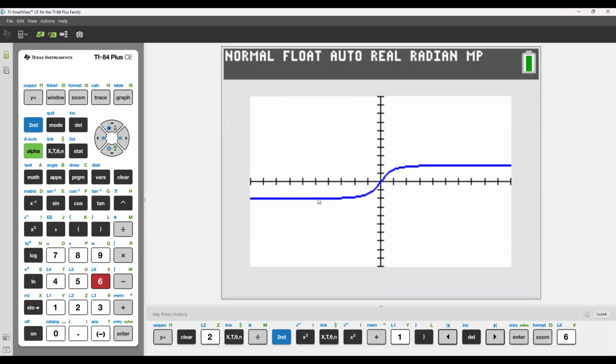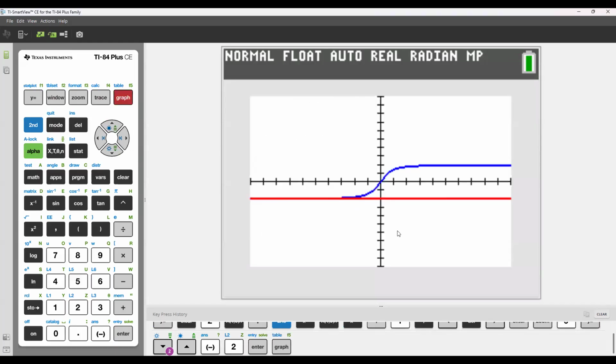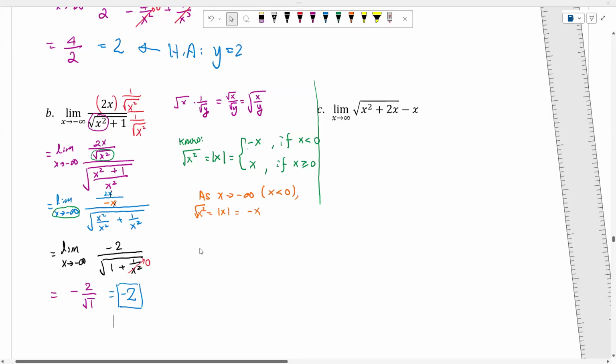Do you see that as x goes to negative infinity, the function is getting closer and closer to this horizontal line y equal to negative 2? So wow, this works, right?